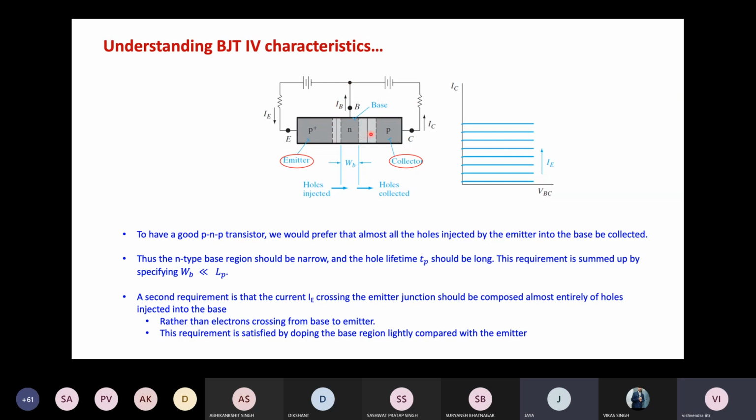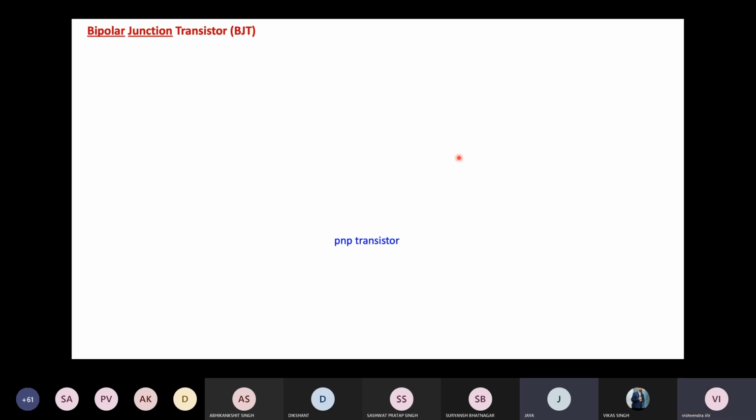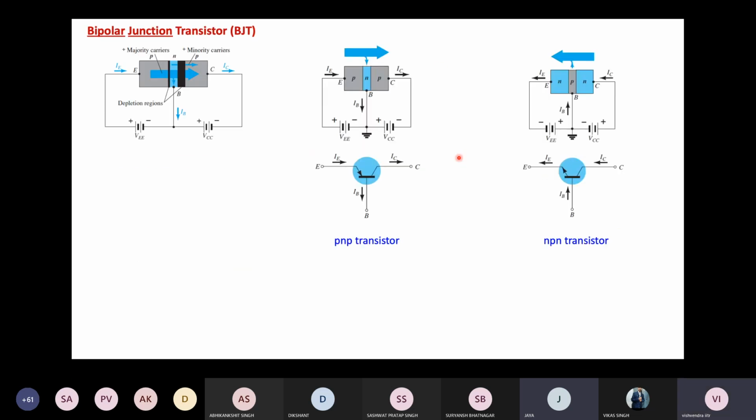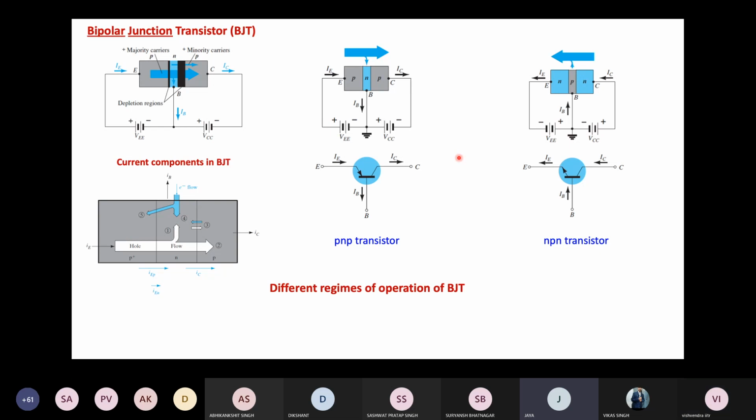Although FET and MOSFET will be slightly different, so we need to understand it slightly differently. But this BJT is a natural generalization of the PN junction discussion. So what I would suggest is that all of you go through these things on your own now, based on your basic understanding of BJT and your understanding of PN junction.